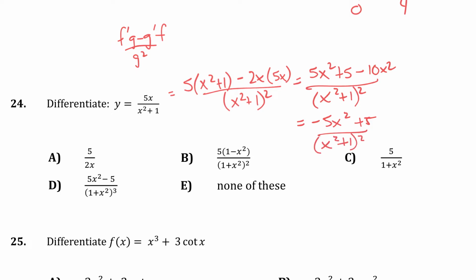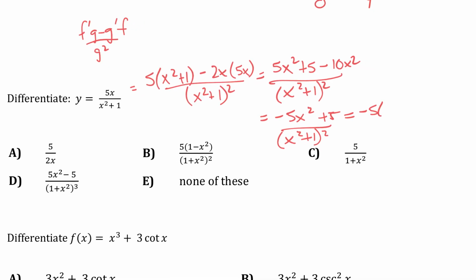And if you factor out the negative and the 5, then that is just x squared minus 1 over x squared plus 1 squared. If I just switch the order of these, I have this right here, and so that's it right there.